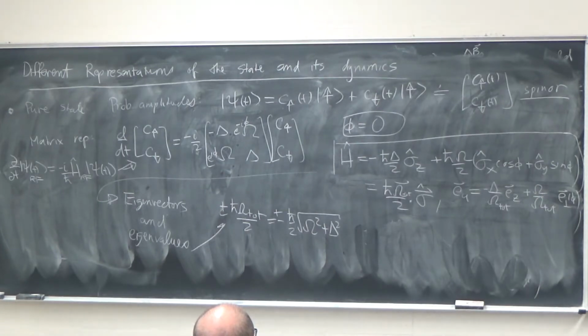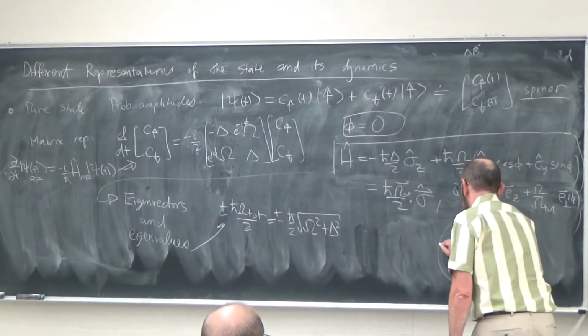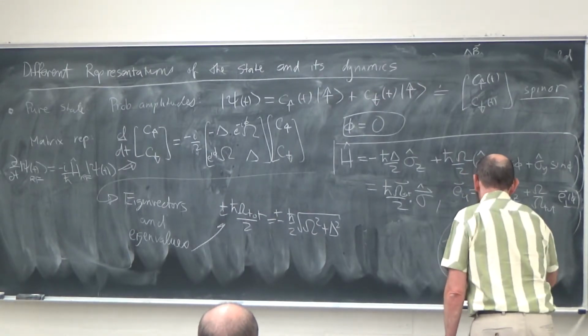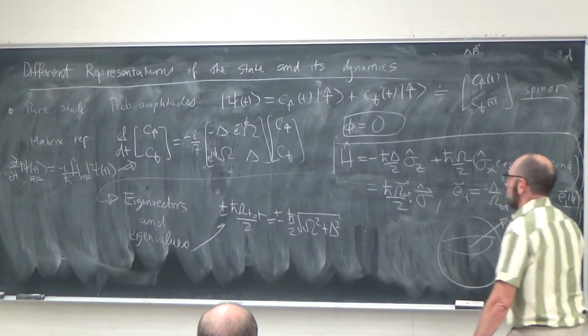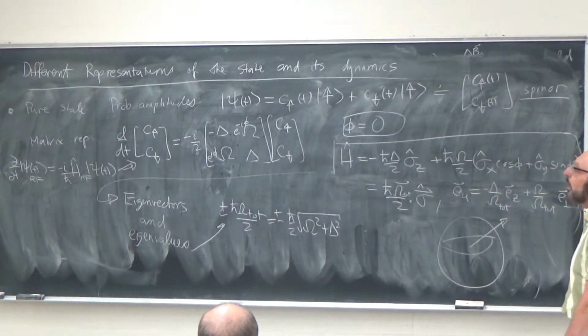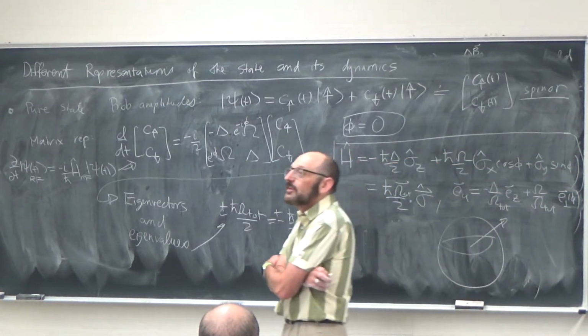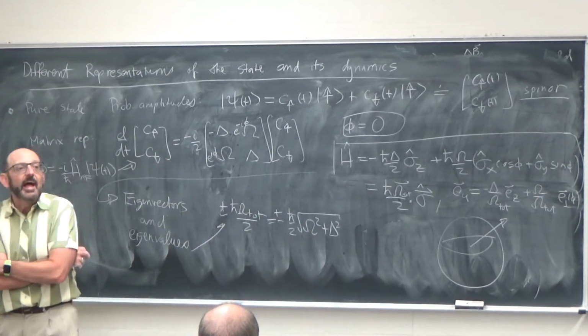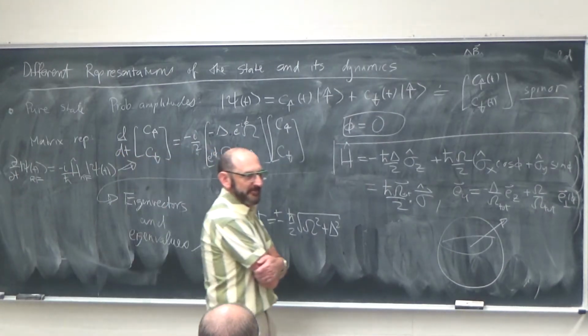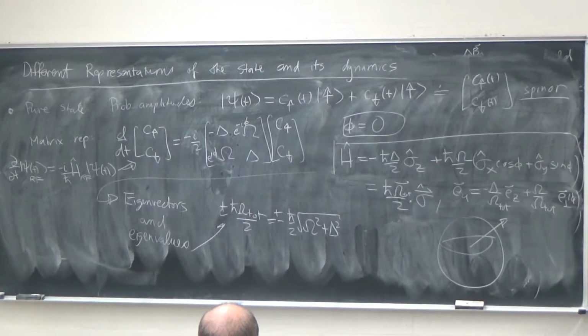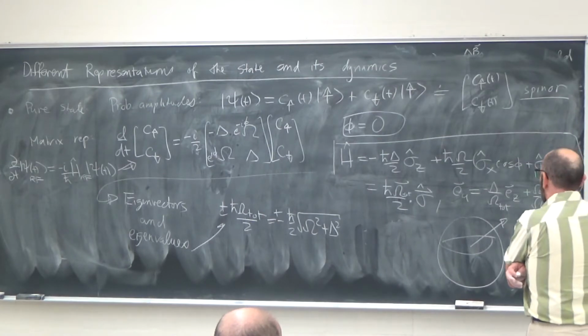You had that earlier. This is some direction on the sphere. Whatever the direction is, what are its polar angles, theta and phi? The tangent of theta is that formula, omega over delta.